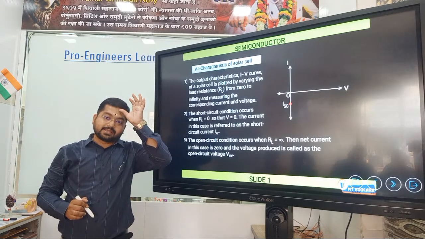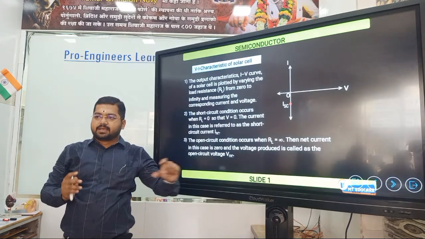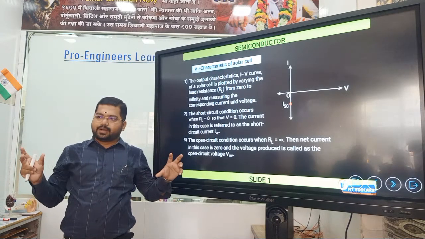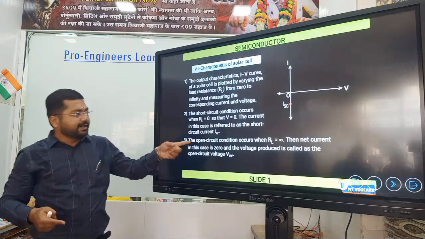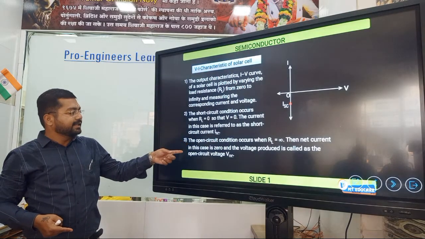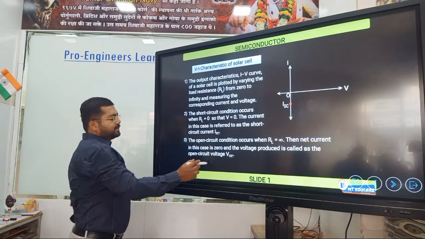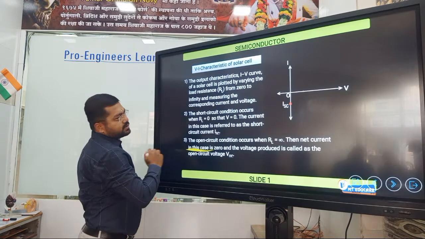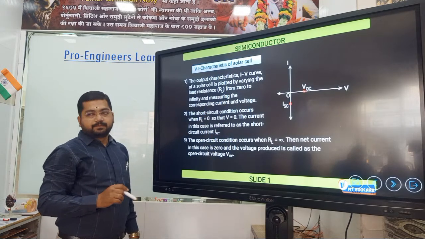We either put a resistor outside the solar cell or keep it open. If kept open, it is infinity; if shorted, it is zero. So when it is infinity, the net current is zero and the voltage produced is called open circuit voltage, that is VOC, the upper one, VOC.